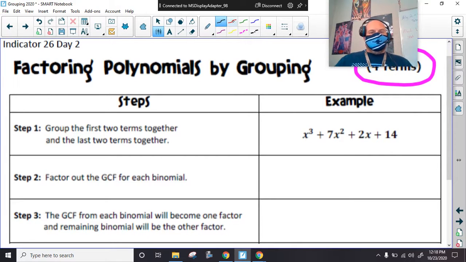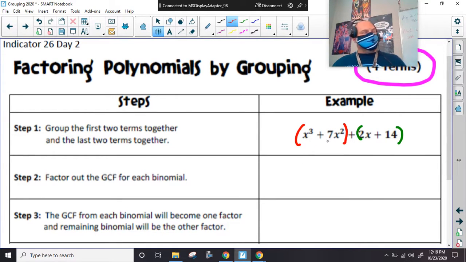Now, the first step is to put the first two terms in parentheses and then the last two in parentheses. Second step, it says factor out the GCF of each binomial.